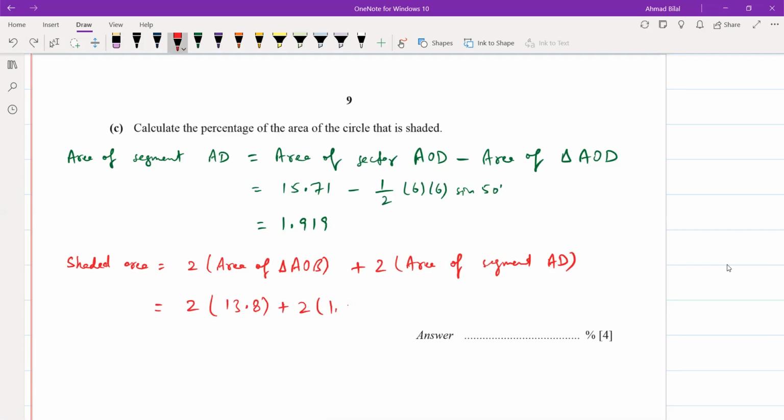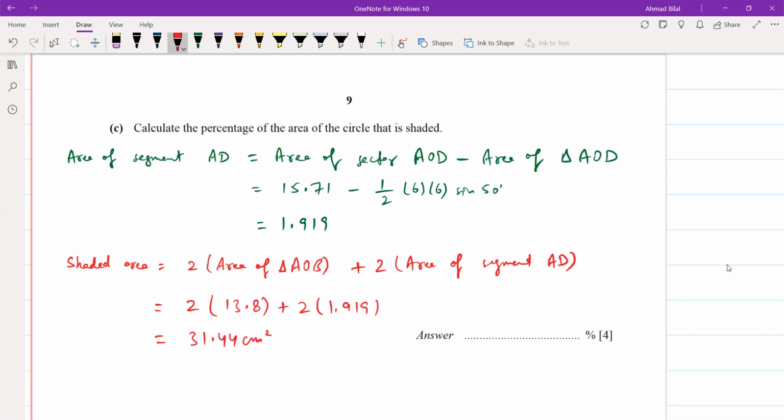This is the total shaded area. Okay, so this is going to be 31.44. So this area is 31.44 centimeters square.